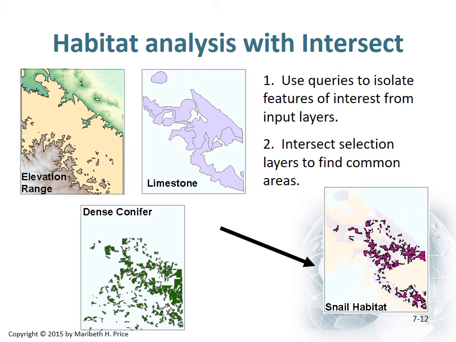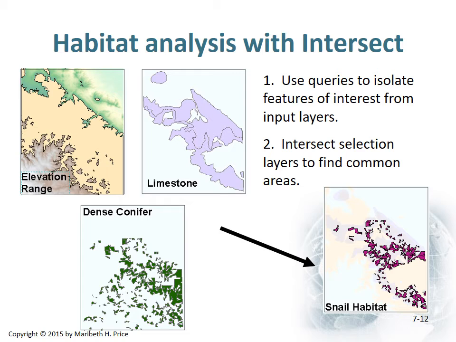So if we know we've got a snail species, for example, and we know that the snail species is associated with a particular elevation range where it tends to be found, we know that it preferentially seeks out areas that are high in calcium, so limestone rock formations, and if it prefers shade, and particularly shade under certain kinds of trees like conifer, evergreen trees, and it prefers a lot of shade, then we look for dense conifer distributions.